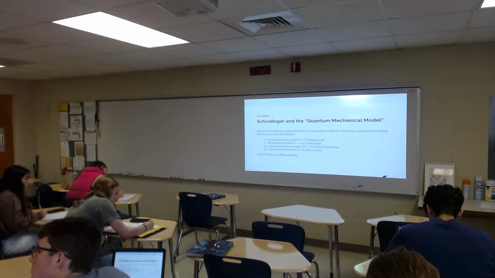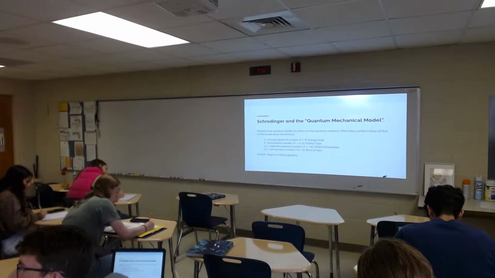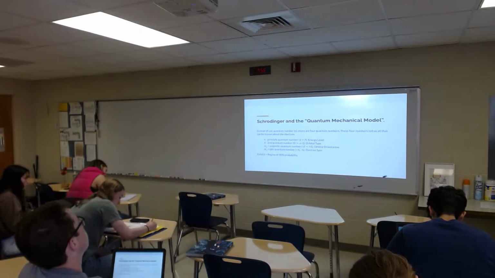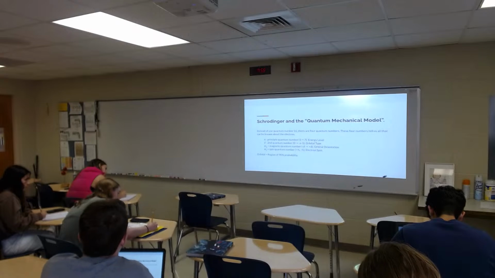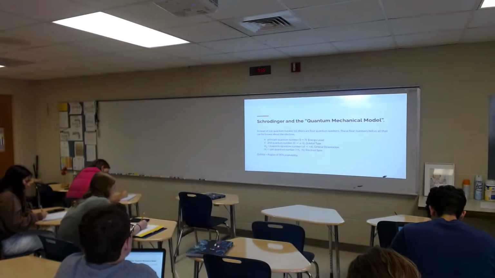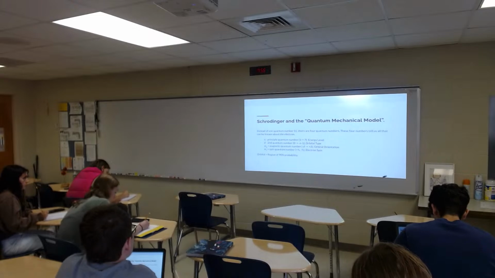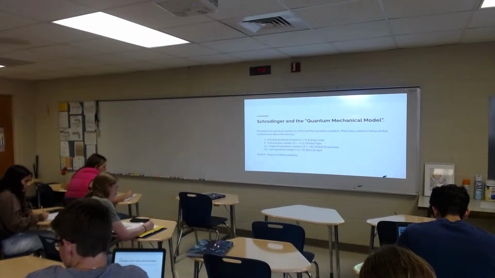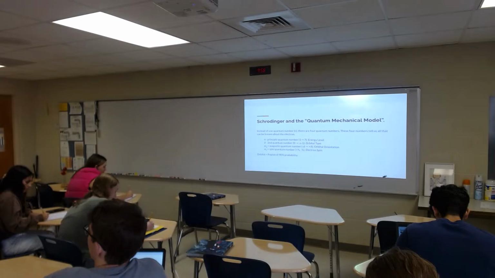So we can know, according to the quantum mechanical model, the energy of the electron, the type of orbital that it's in, basically the way that orbital is pointing, its orientation, and the way the electron is spinning. 4 things we can know. So what we're going to learn today is how we can diagram that. Okay?